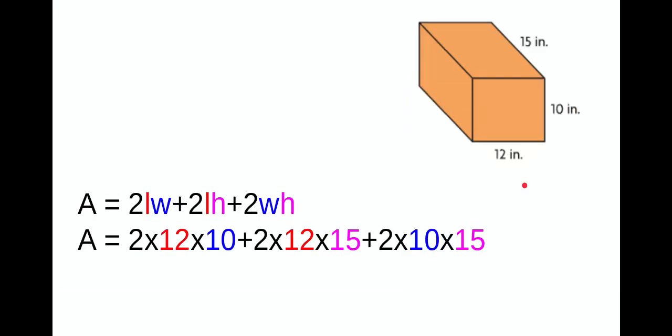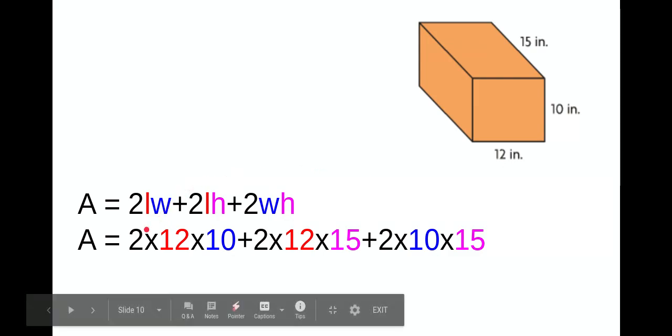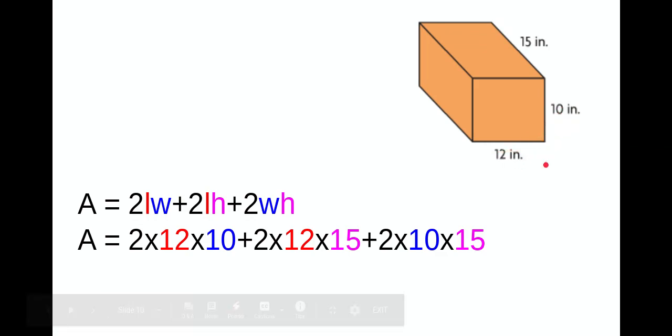So here I have the color codes again. You don't need to color code on your paper, but what I would like you to do is substitute those values. So instead of 2LW, it's going to be 2 times 12 times 10. Like I said, it doesn't really matter what you consider the length and the width. I just picked these two because they're right next to each other.